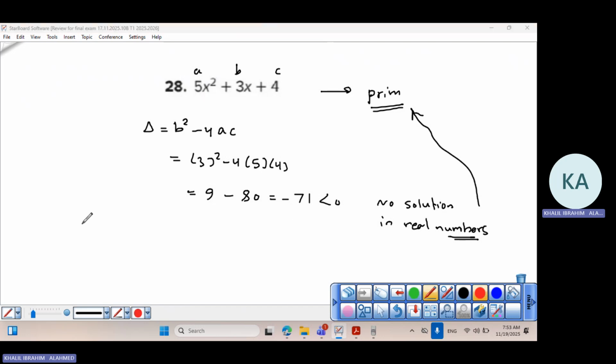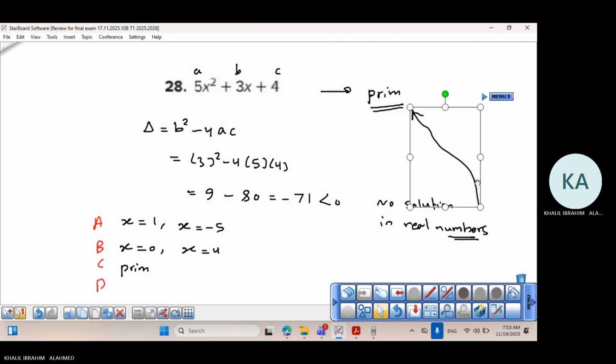The question comes in the final exam as multiple choice. A, B, C, D, like this. We can write here, select here, x equals 1, x equals negative 5, x equals 0, x equals 4. This is prime. Yes, prime.